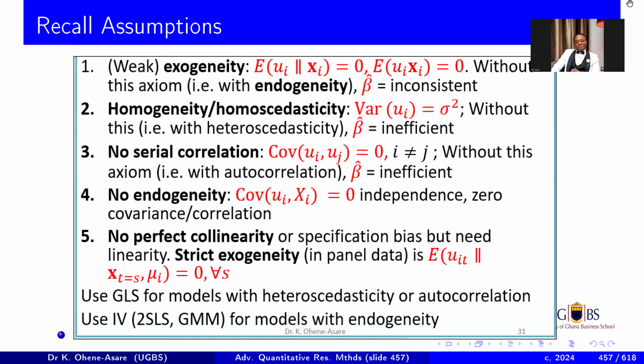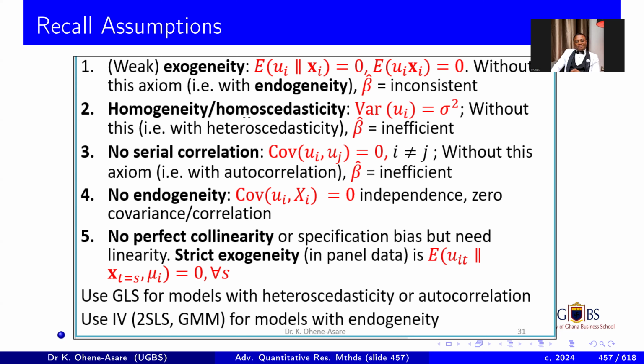But if it is not correlated at all with the error term in the regression, then it is exogenous. Endogeneity is not good. It can lead to biasness, inconsistent estimates, making it problematic for causal inferences. Now, what we are assuming in cross-sectional work is that we have weak exogeneity. So there is exogeneity that is very weak. Okay. We'll look more at this.